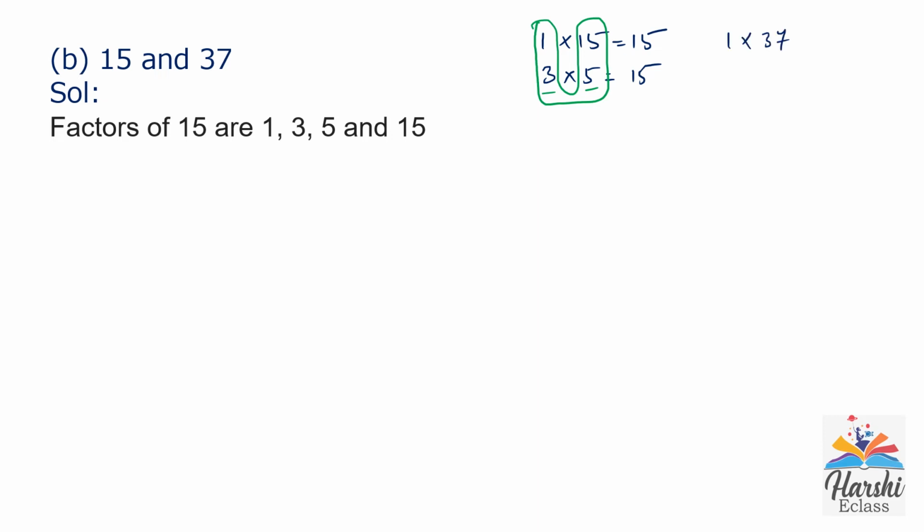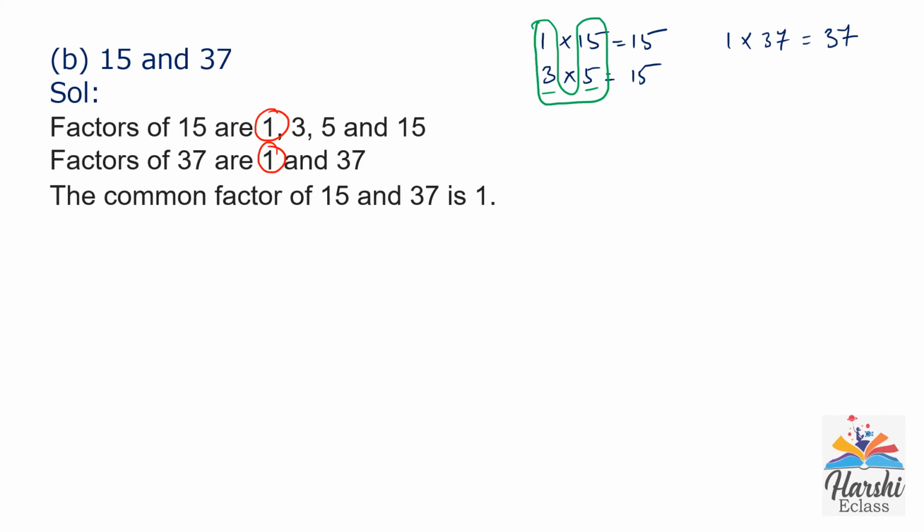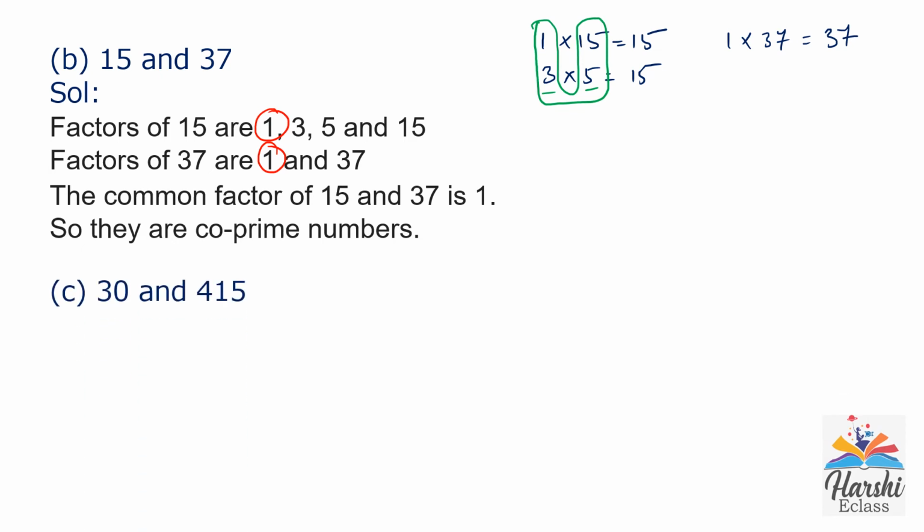It is divisible by 1 and the number itself. So the factors of 37 are 1 and 37. Now find the common factors. Only 1. The common factor of 15 and 37 is 1. So they are coprime numbers.